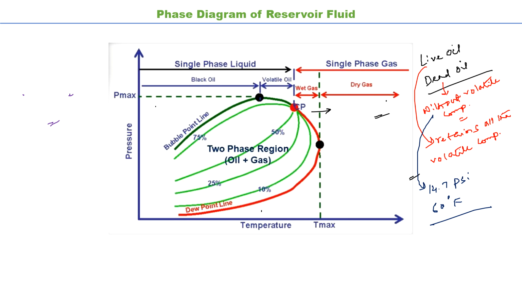So in brief, live oil is the oil which retains all the volatile components, taken directly from the wellbore at the same pressure and temperature, whereas dead oil is the oil without volatile components, typically maintained at standard stock conditions like 14.7 psi and 60 degrees Fahrenheit.